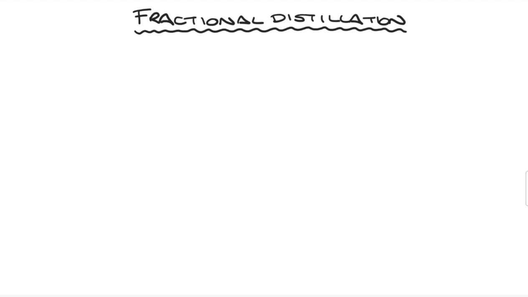In the previous few clips, we've been looking at crude oil and starting to understand its makeup. We've worked out that crude oil starts life as a thick black gloopy mixture, a very sticky, heavy liquid, but essentially fairly useless.